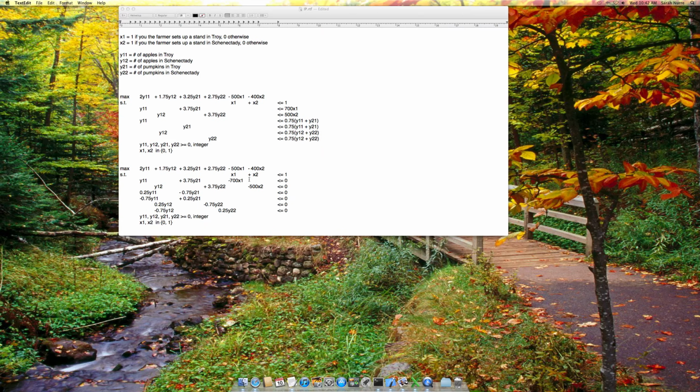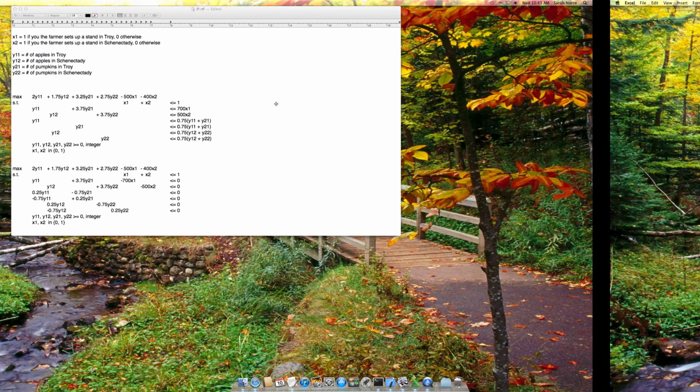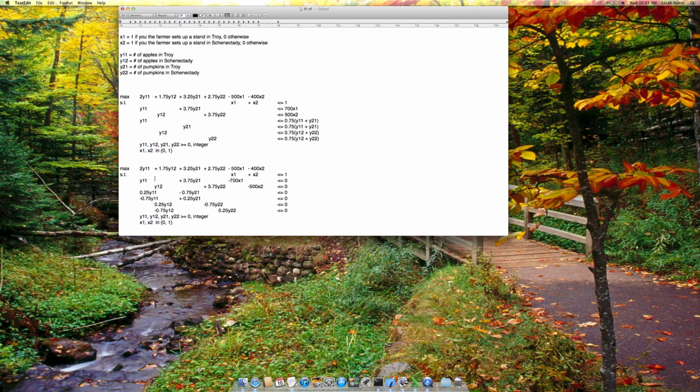And so this constraint here, I have 1, 3.75, minus 500, on the opposite of the values in Schenectady. Fill this in with zeros where the variables were not present in that constraint. So here I have the first 3 constraints done.